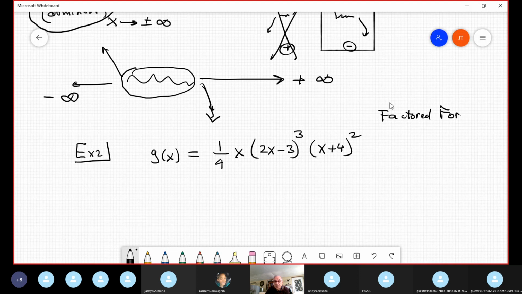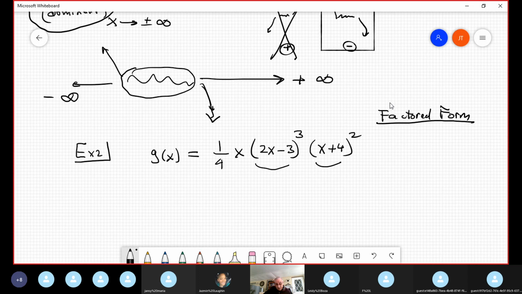So one possibility to find the end behavior is when you expand this, which is too long, and you take the leading coefficient, that is the coefficient that contains the higher exponent.